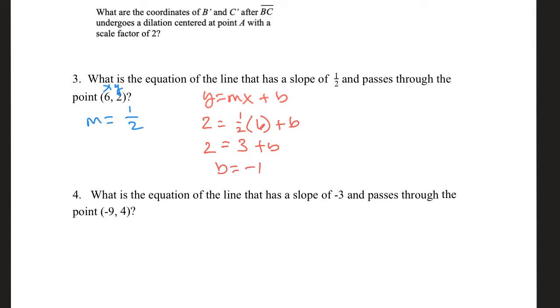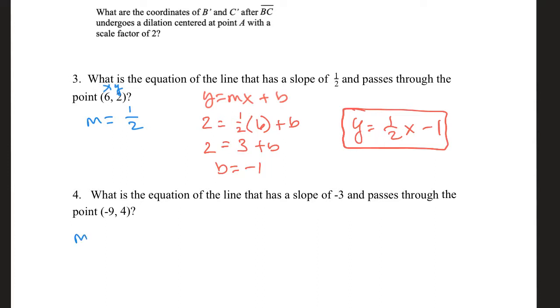So for our general equation, we stick the y and the x back in, and we only fill in the m and the b. So our final equation is y equals 1/2 x minus 1. Booyah, there we go.